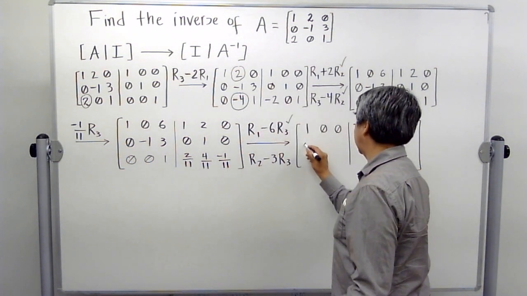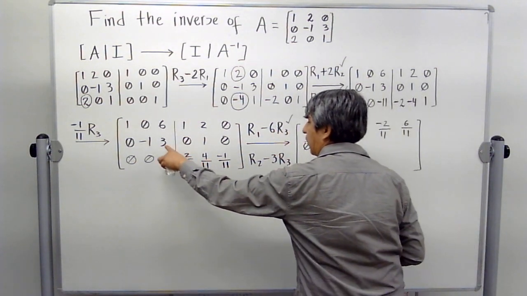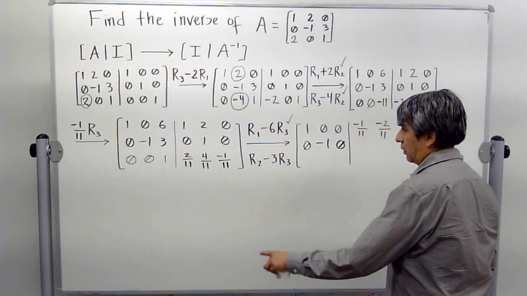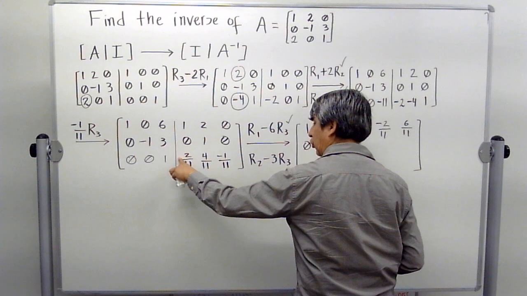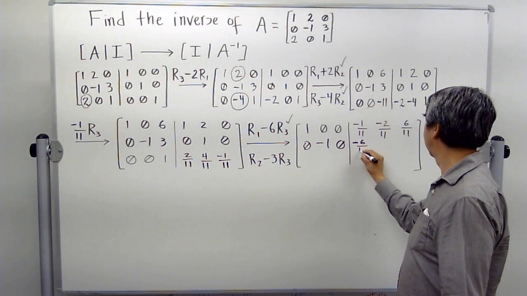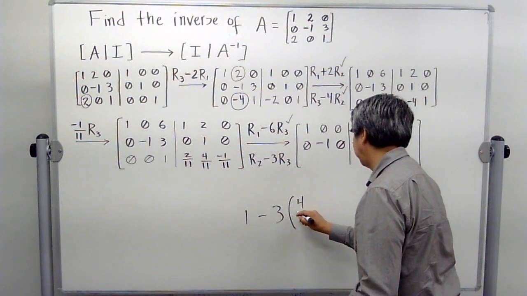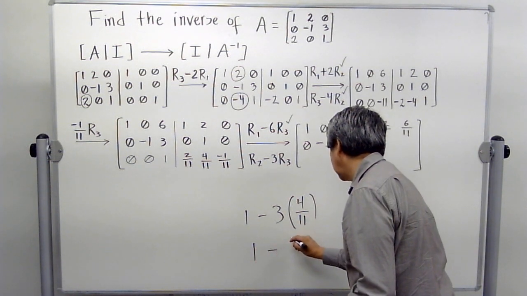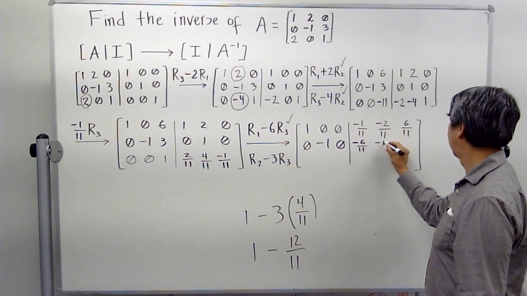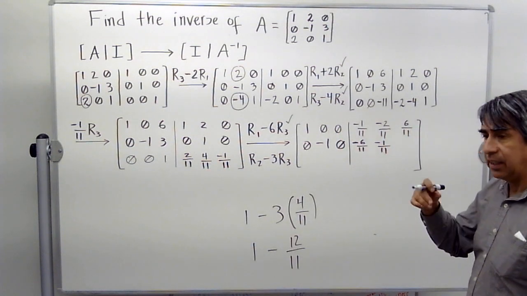0 minus 3 times 0 is 0. Negative 1 minus 3 times 0 is negative 1. 3 minus 3 times 1 is 3 minus 3, which is 0. 0 minus 3 times 2 over 11 is negative 6 over 11. 1 minus 3 times 4 over 11 is 1 minus 12 over 11, and we know that's negative 1 over 11. 0 minus 3 times negative 1 over 11 is 3 over 11.